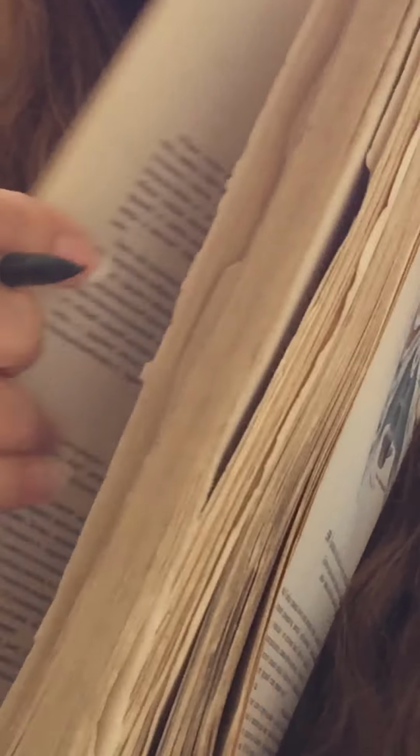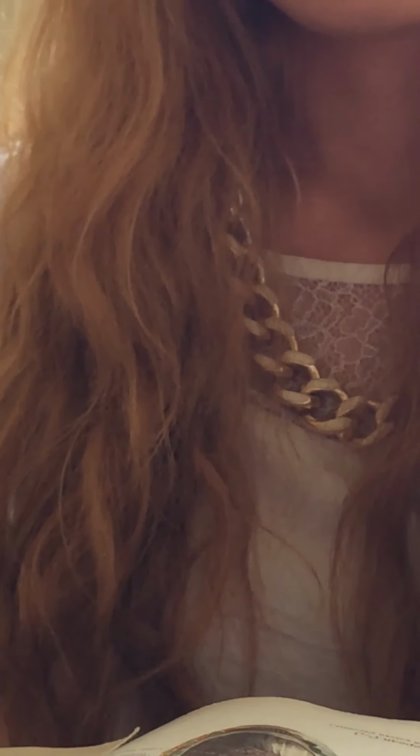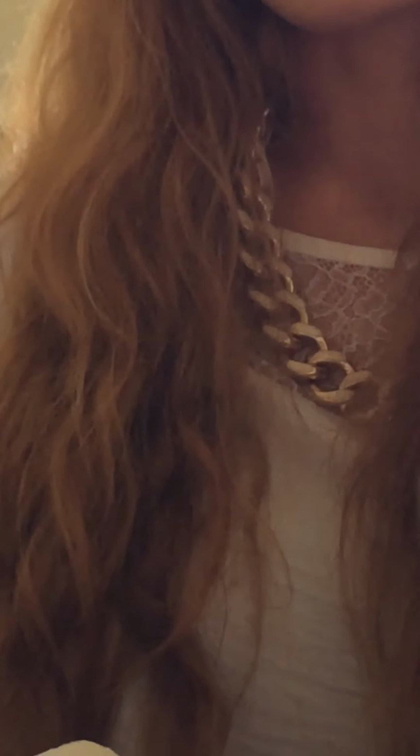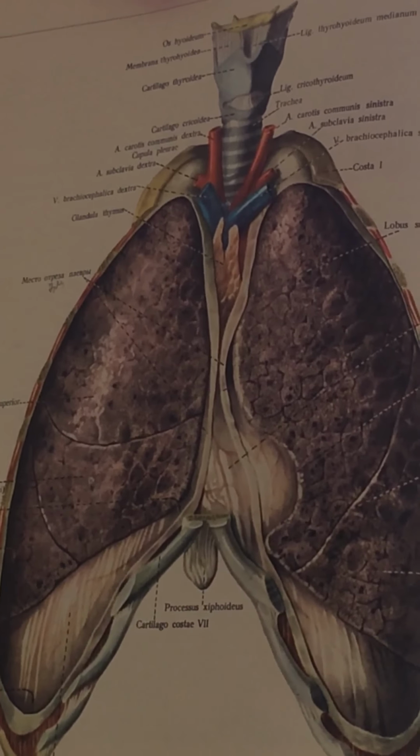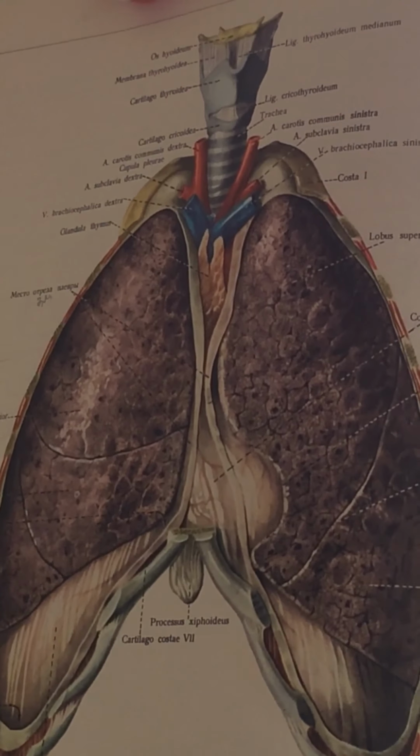Now, about the mediastinum, a couple more words. As we said, the mediastinum is a space between lungs, right? For the mediastinum, we have to know the walls. So, let's look at this picture. The anterior wall of the mediastinum is made of the sternum. The posterior wall is made of the vertebral column, okay?